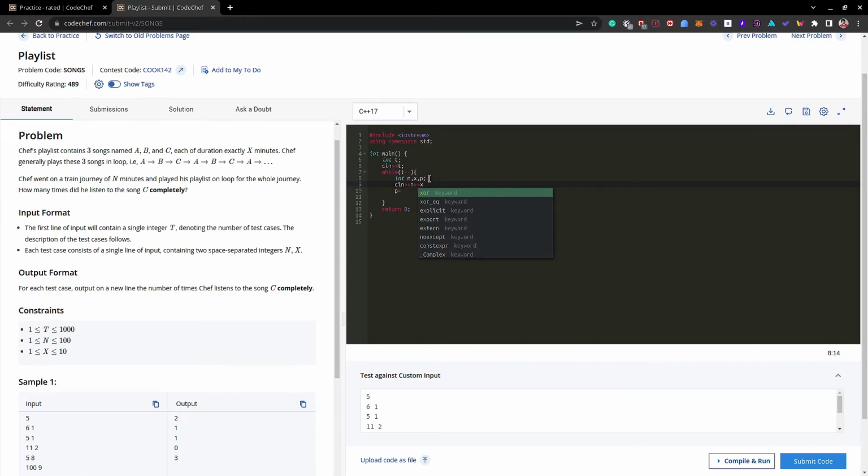Here I am taking the inputs for n and x, then multiplying x with 3, because there are 3 songs, right?